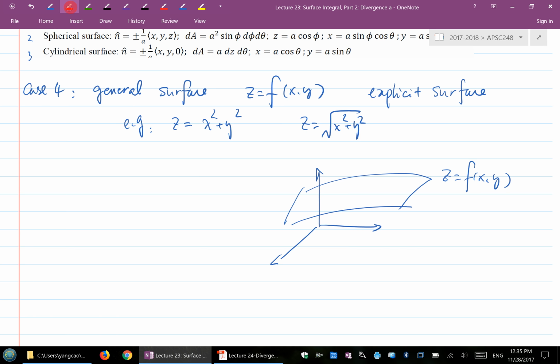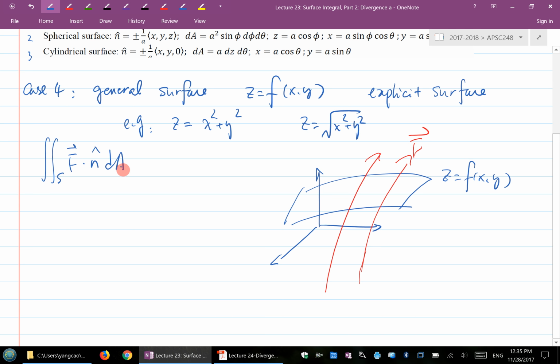And of course, you may have certain types of vector fields in this 3D space, and we're interested in the surface integral of the flux, which gives us the net flux over this surface. So that's the idea for case number 4.